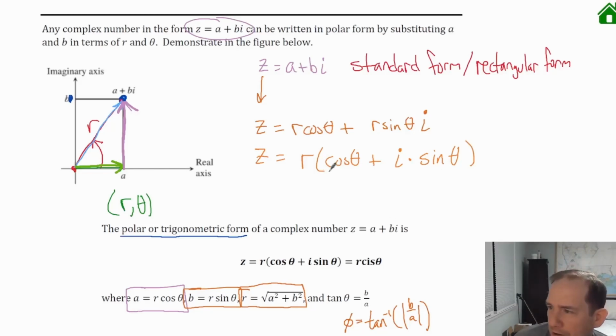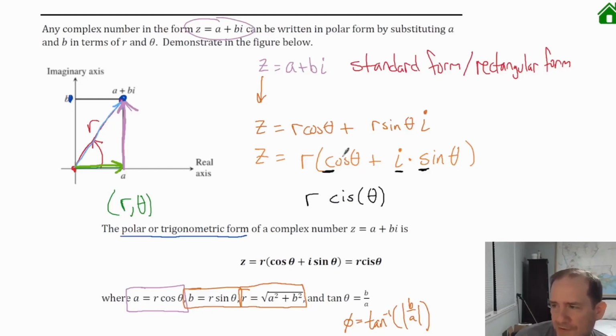So somebody noticed that since it's always cosine plus i times sine, maybe we could just grab those initials: cosine i sine. And then we could turn that into a word, r cis theta. That's a really nice shorthand for the polar form of a complex number.